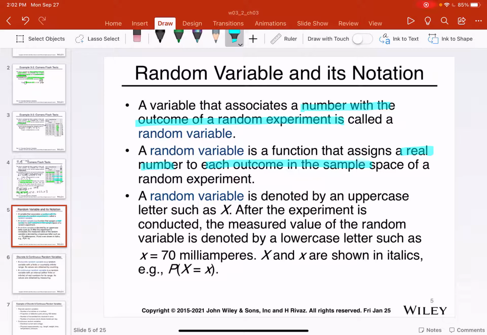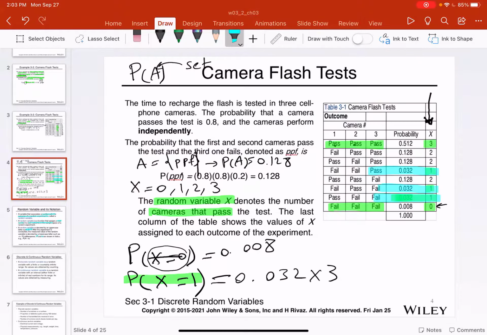And we denote a random variable by capital letters, capital X. So for example, the measured value of the random variable after doing an experiment will be shown as small x, and the actual random variable will be shown as capital X. So in the previous example, we wrote the random variable with capital X, so this is our random variable.